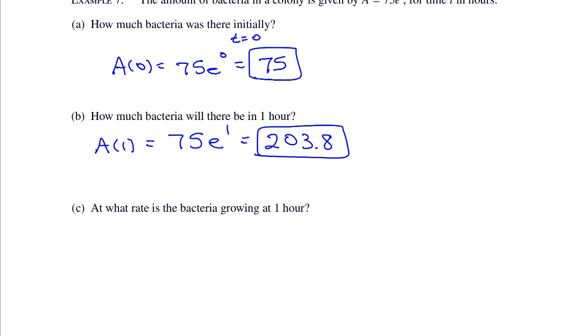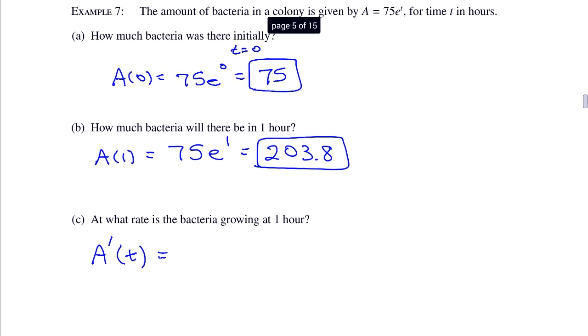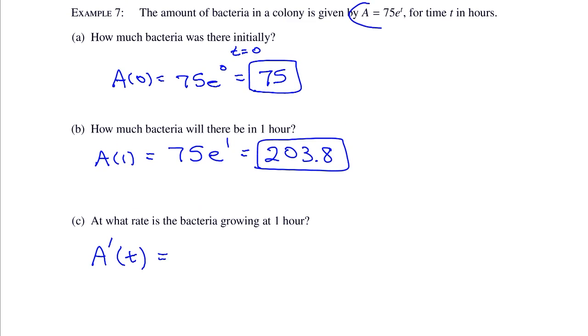We need the derivative. So A prime of t is the derivative of the A function here at the top. So this would be 75, and then what is the derivative of e to the t? That's just e to the t. And so evaluating at 1 hour again results in the same number as before.